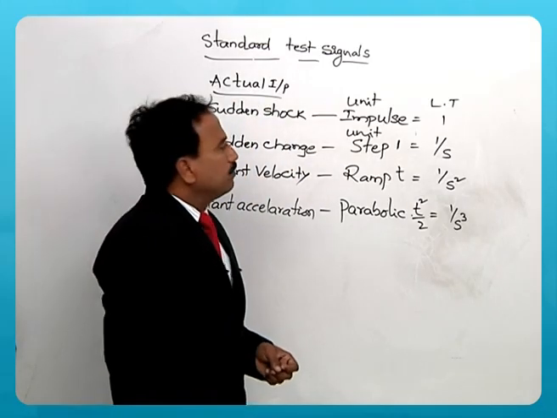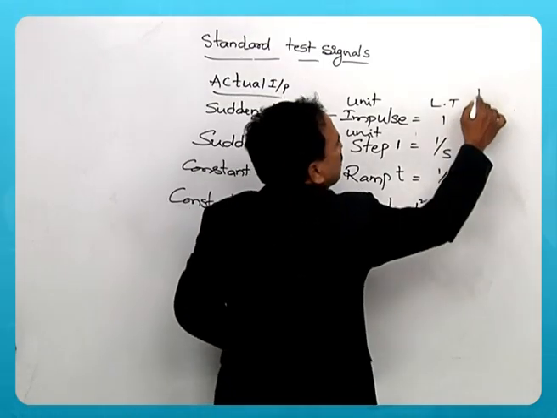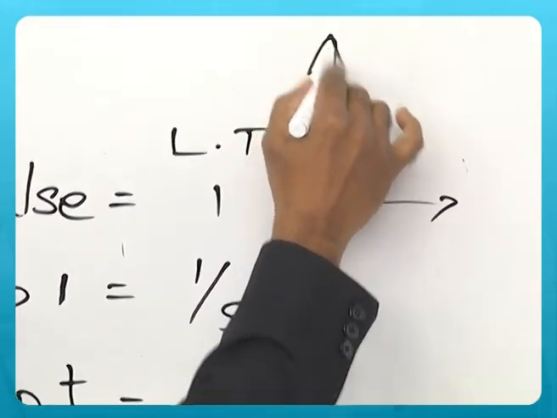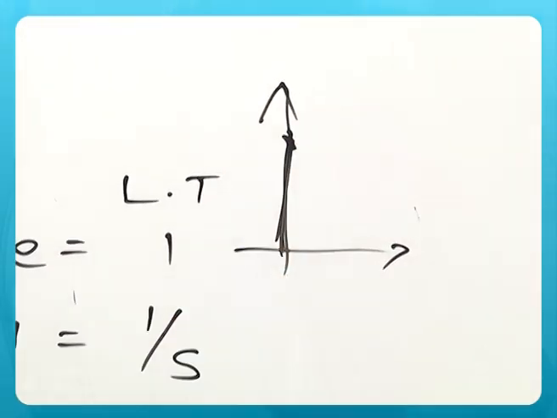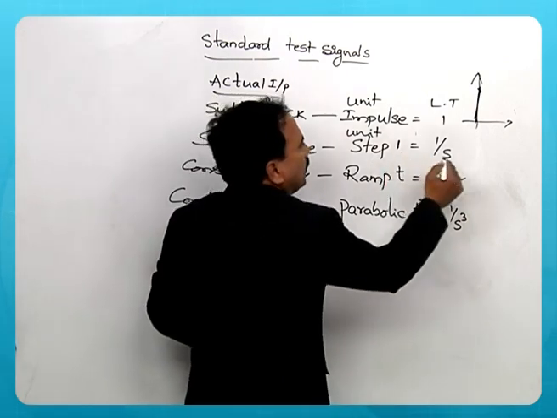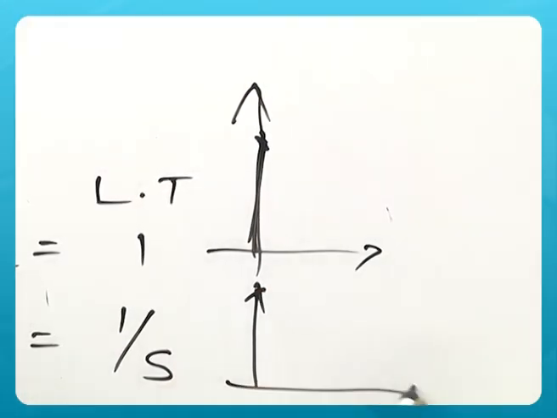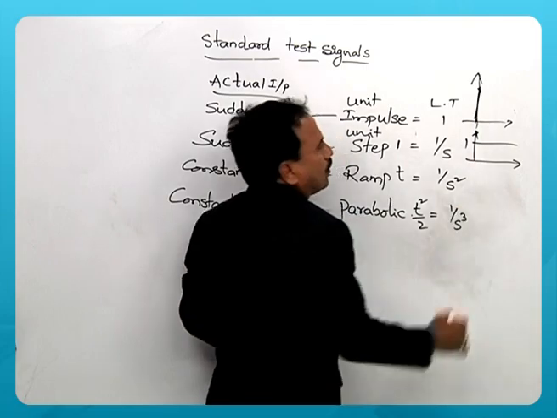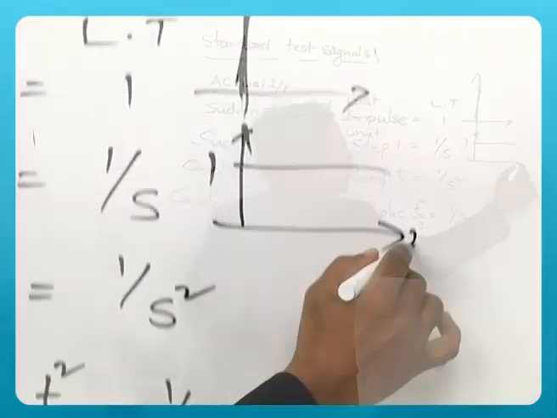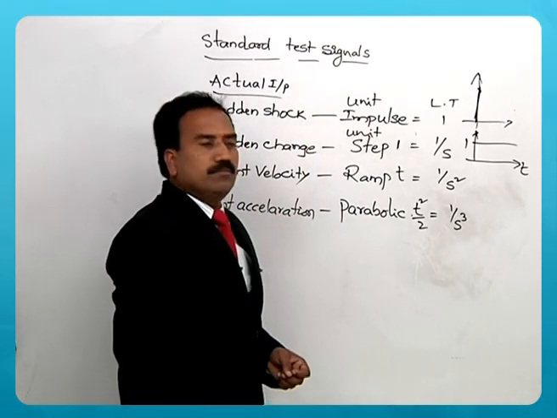Impulse, as I said, is represented by a very high magnitude signal, and unit step is represented like this, with magnitude 1 as a function of time.